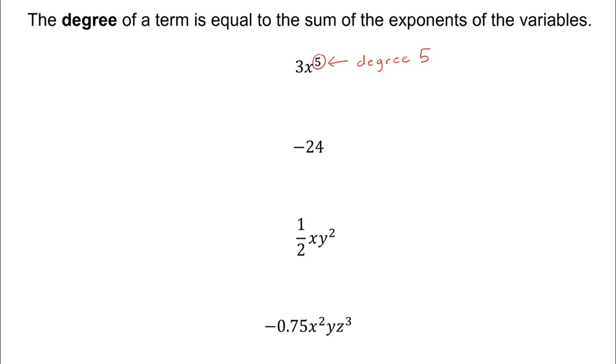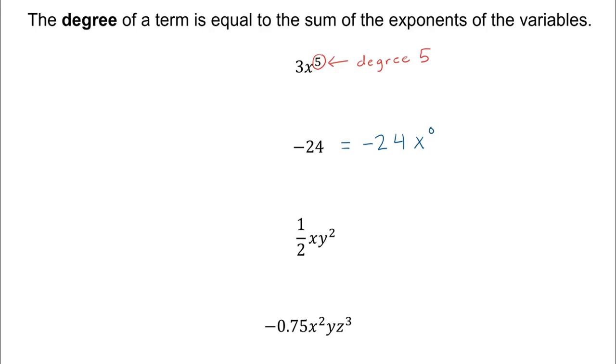So this is a degree 5 term. Let's look at the second example here, negative 24. As we learned in our previous video, this is a constant, and constants are also algebraic terms. But if you think back to our previous video, we also learned that we could write constants in a different way. We learned that any constant could be written as that constant times a variable raised to the 0 power.